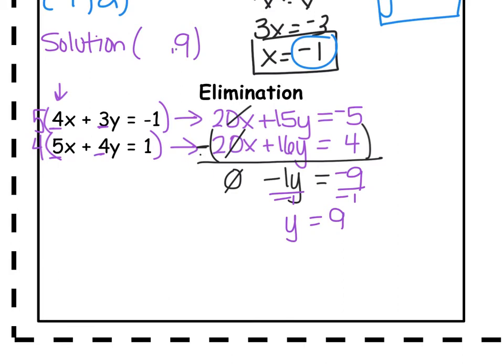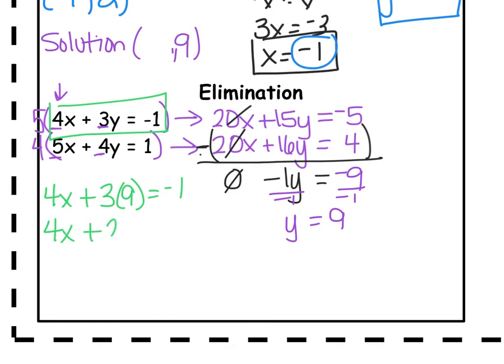So now we need to go back and find x. Pick an equation. I'm going to pick this one right here. So I have 4x plus 3y equals -1, and that's 3 times 9. So 4x plus 27 equals -1. Subtract 27 from each side, we get -28.